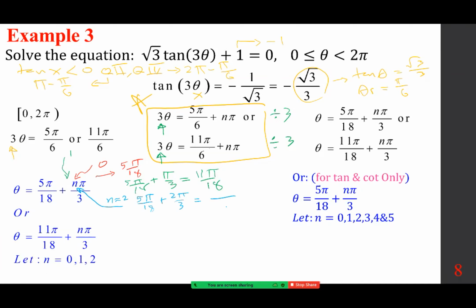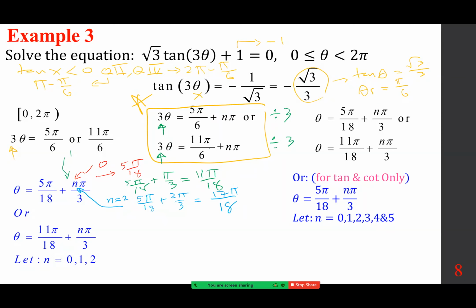Remember, we want 18 in the denominator. So 6 times 2 is 12 pi, and 5 pi, that makes 17 pi. So just the first one gives us those 3 answers.